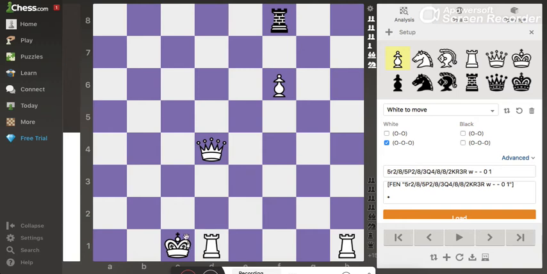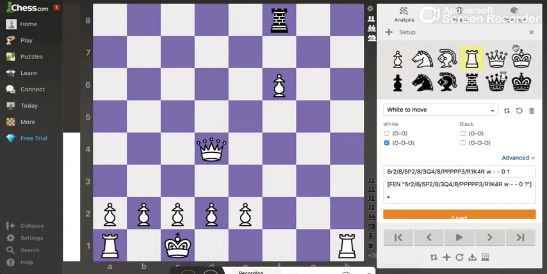Basically this castling is done to protect the king. Suppose these are white pawns. This is the chess.com analysis mode. Rook is over here and the king is over here. The pawns have played some moves.